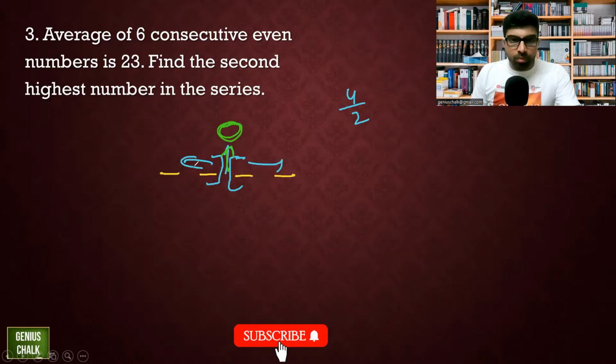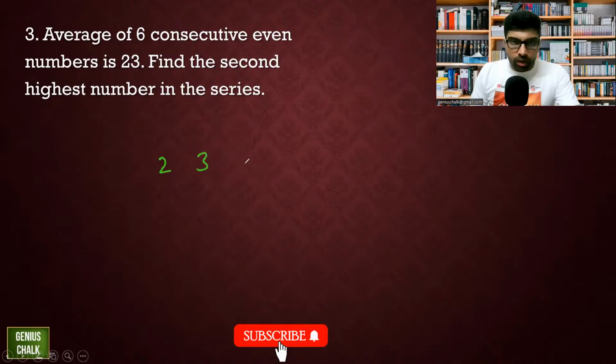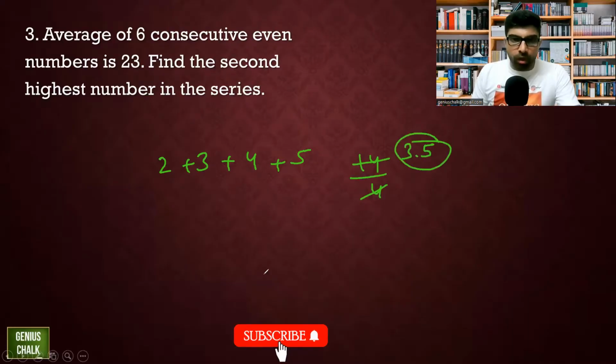So you can see that, or take some numbers. Let's say 2, 3, 4, 5. What is the average? If you add all of them, 5 plus 4, 9 plus 5, 14. And there are 4 numbers, so 4 3s are 12 and 4 5s are 20. It is 3.5. Technically, what is this? Understand it.